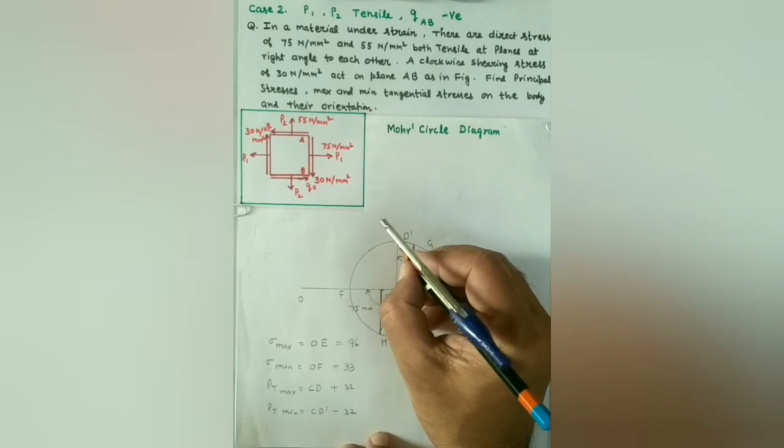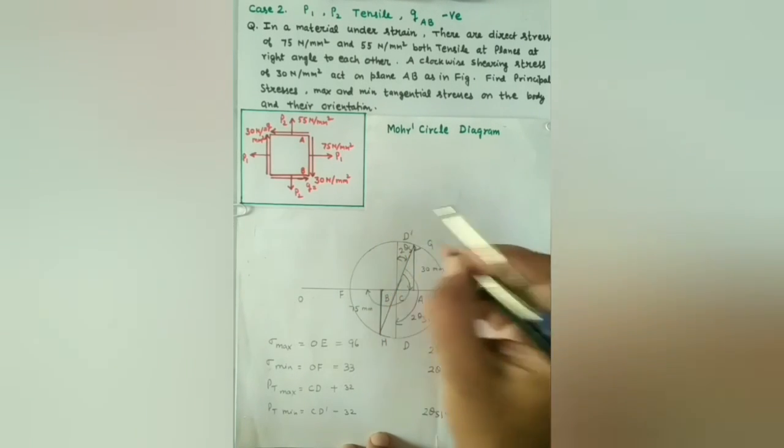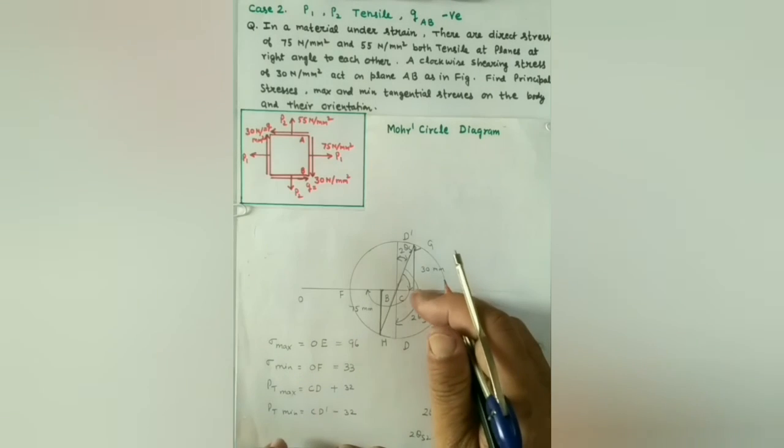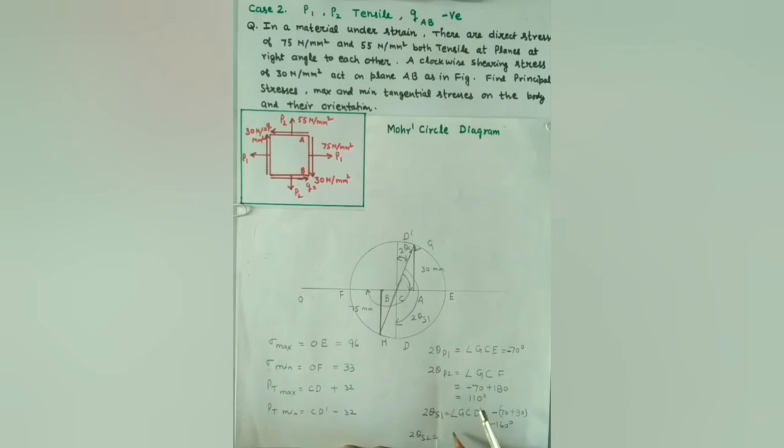Now 2 theta S2 is the angle GCD dash in the anti-clockwise direction. So it is positive, and it is 90 minus 2 theta P1. So minus 70 plus 90 is equal to 20 degrees positive, or in the anti-clockwise direction from line GC.